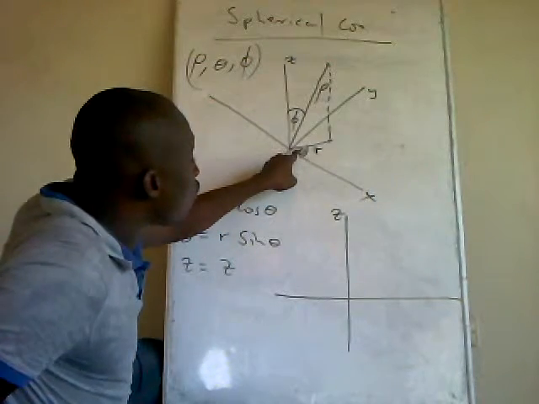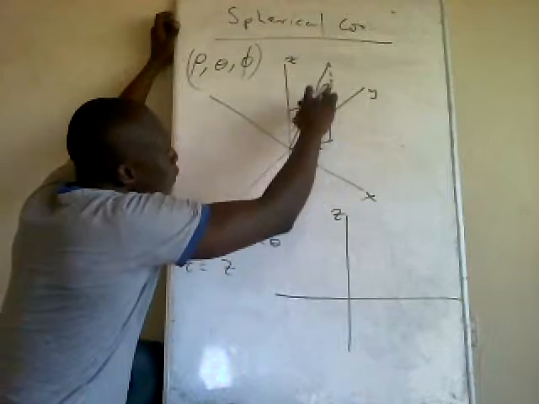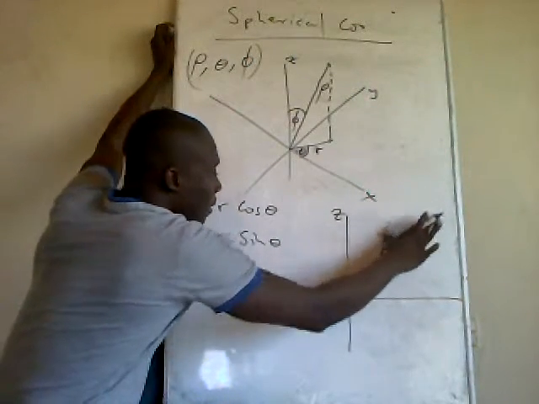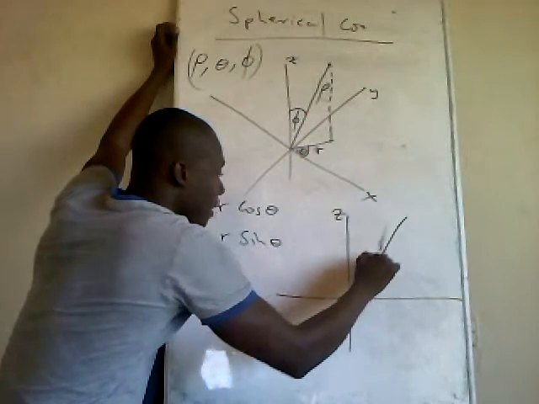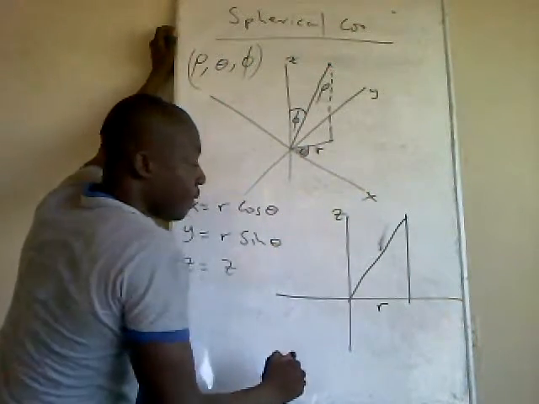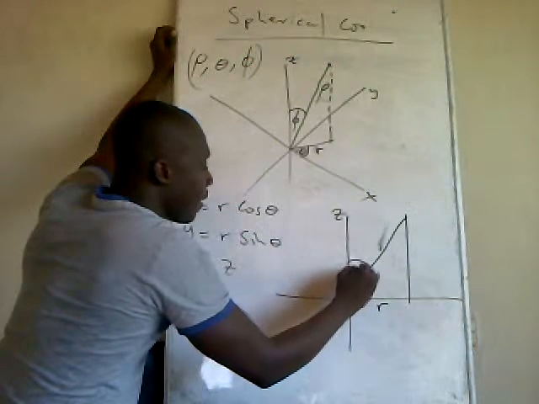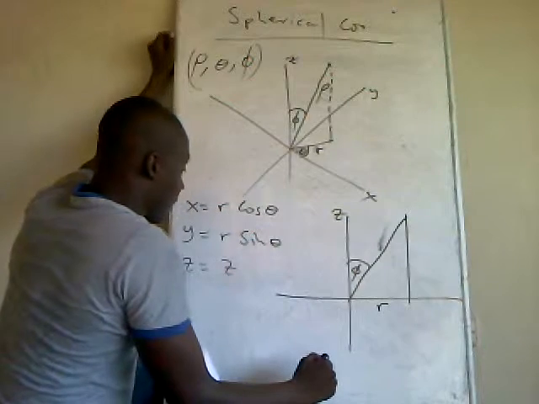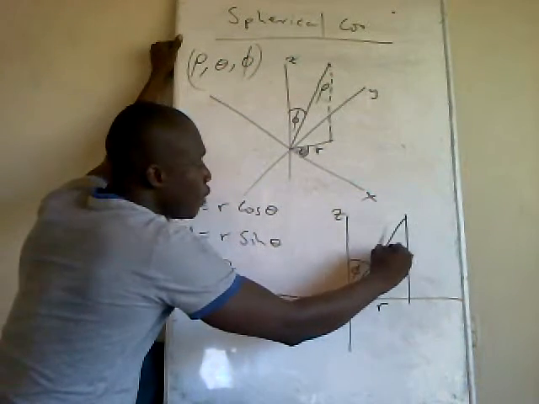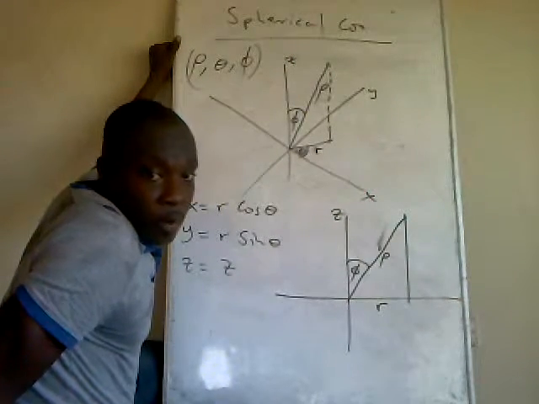I'm looking at this right angle triangle, which is like that. If you can see clearly, here is r, here we call it phi, and the distance here we call rho.